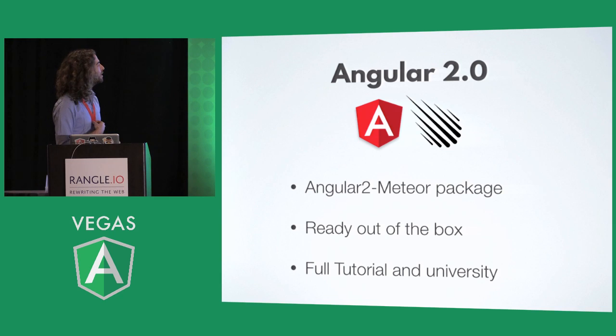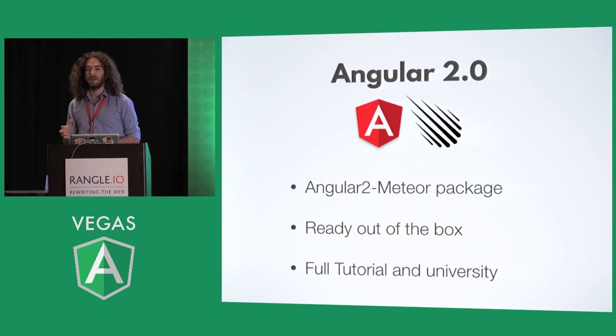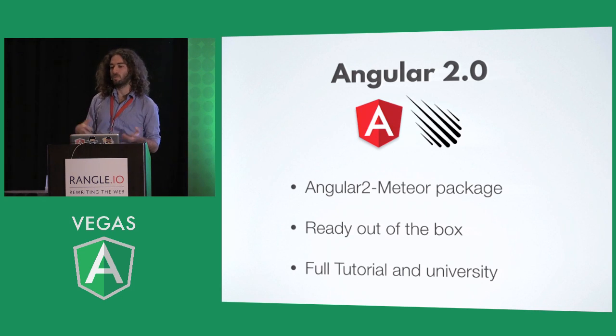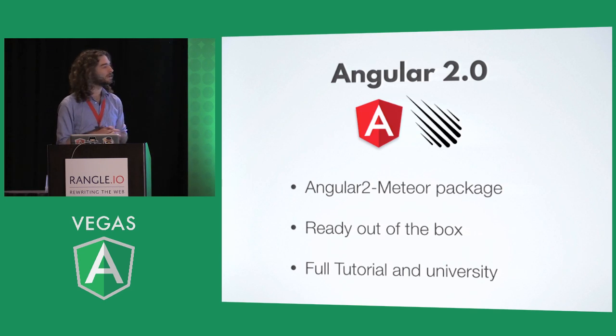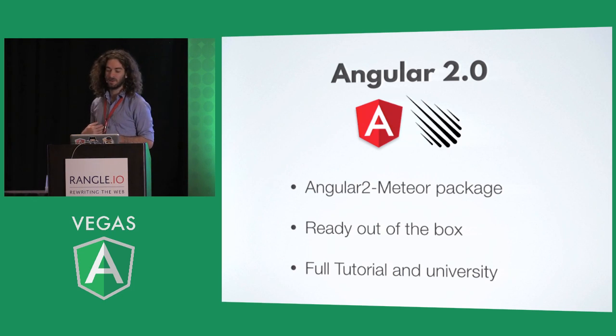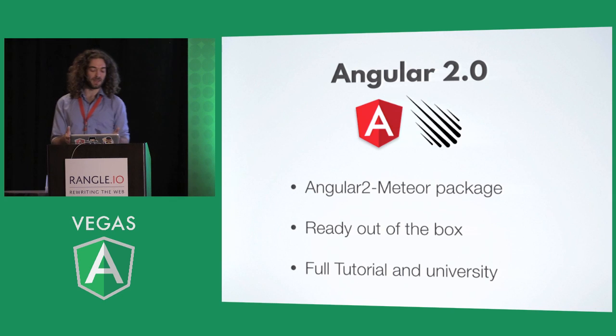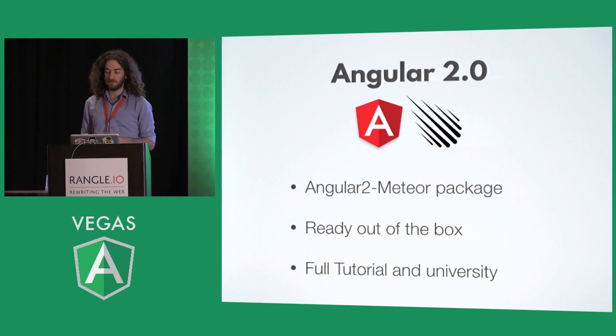So we created the Angular 2.0 Meteor package, and this gives you Angular 2.0 working out of the box. We need to take care of what's actually happening, and you don't care about that. If there's a new build process, it's my responsibility to update it. And you can update it with the Angular 2 Meteor package versions whenever you want.